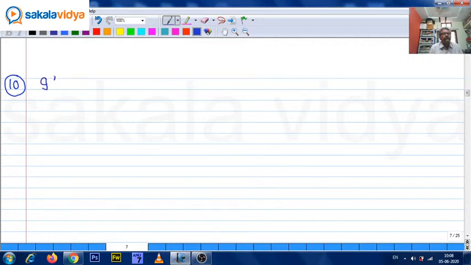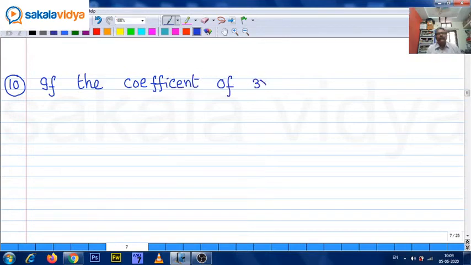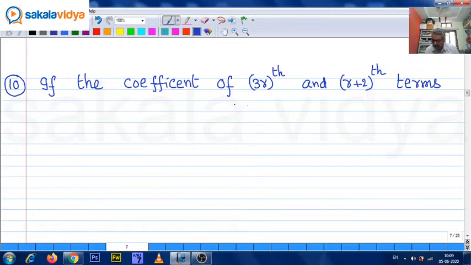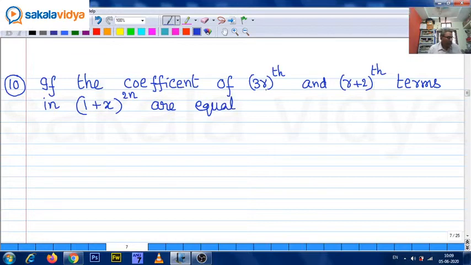If the coefficient of 3rth and r plus 1th, sorry, r plus second terms in (1 plus x) whole to the power of 2n are equal, then n equals to.